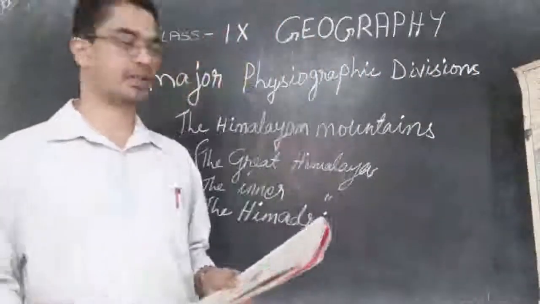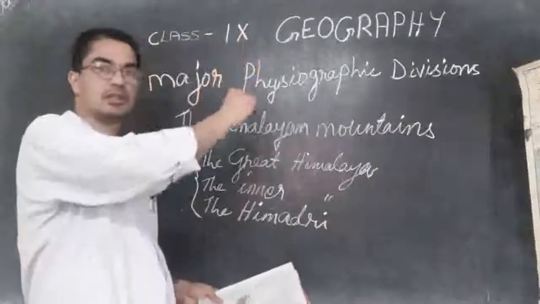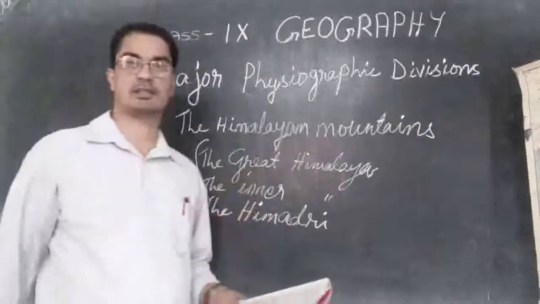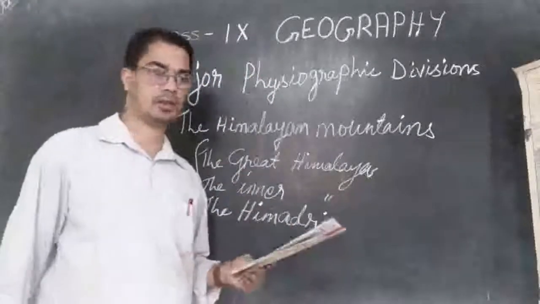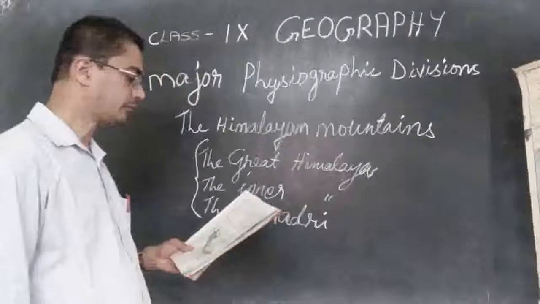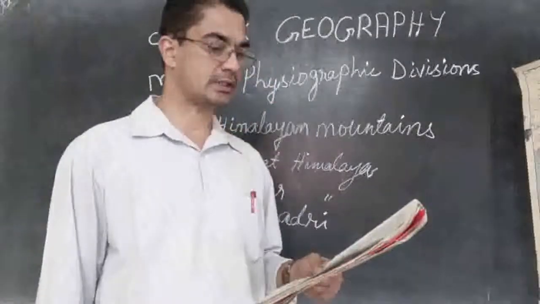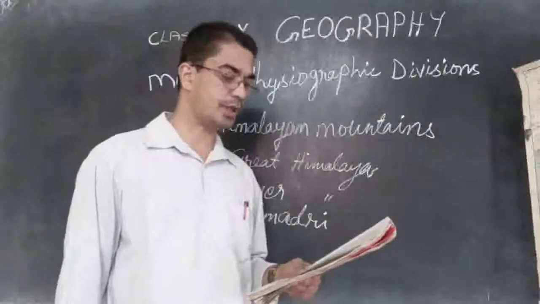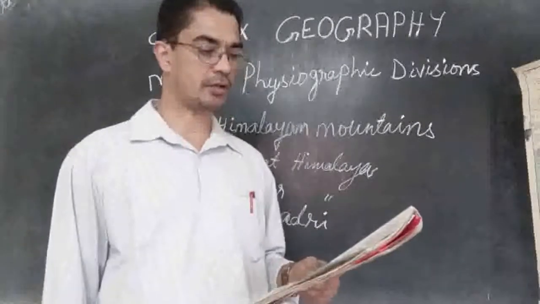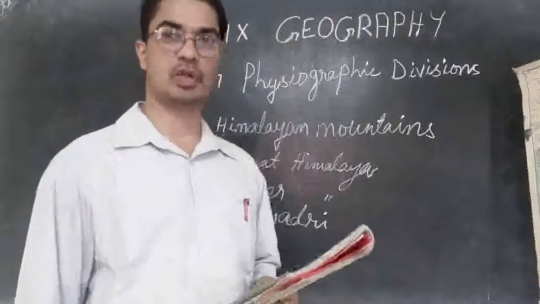Total three ranges are there. This is the topmost, below that comes the second, and then the lowest. And it is the most continuous range consisting of the loftiest peaks with an average height of 6,000 meters.